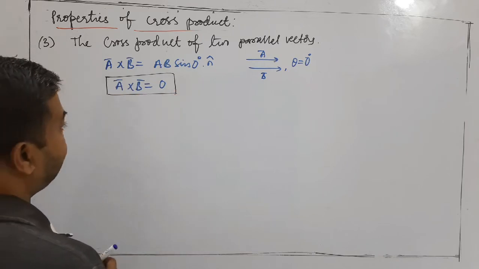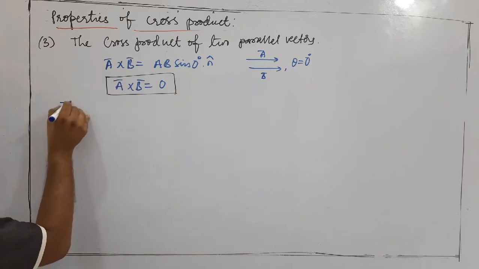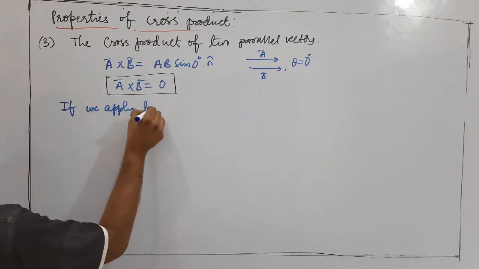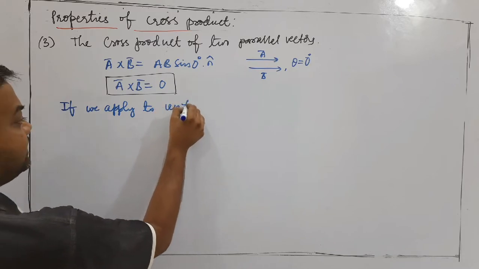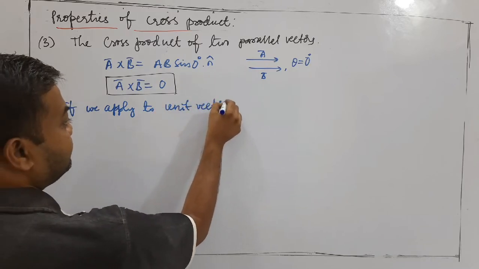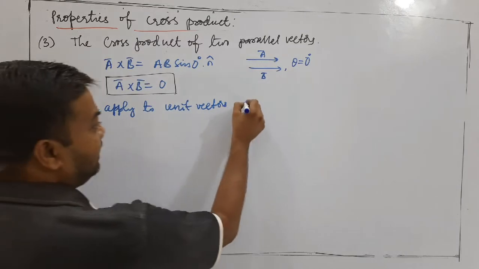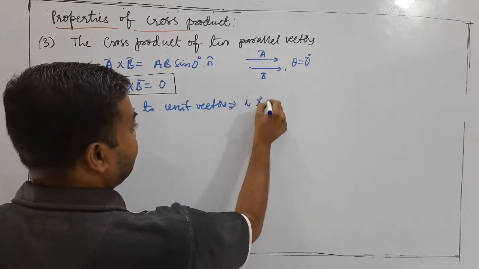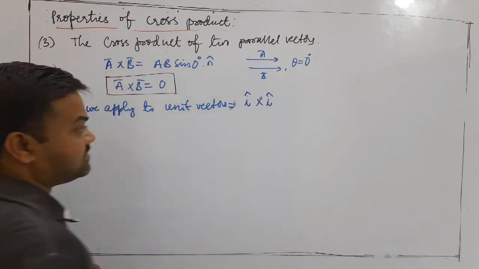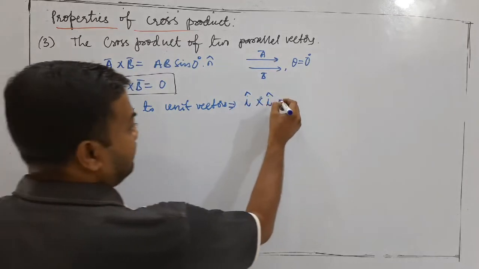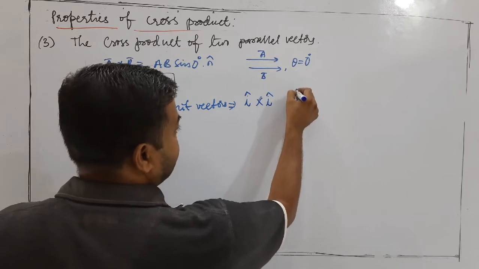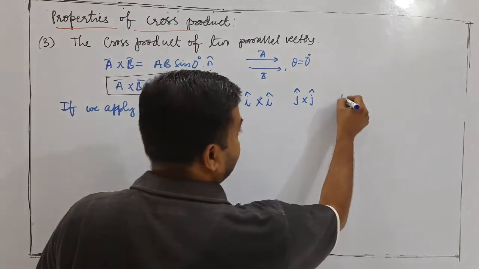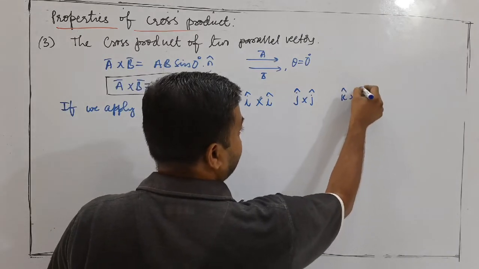Similarly, if we apply this to unit vectors, i cap cross i cap, or j cap cross j cap, or k cap cross k cap, what will you get?